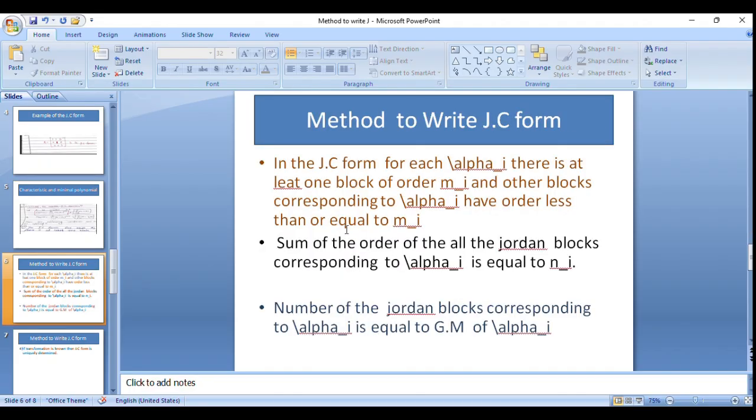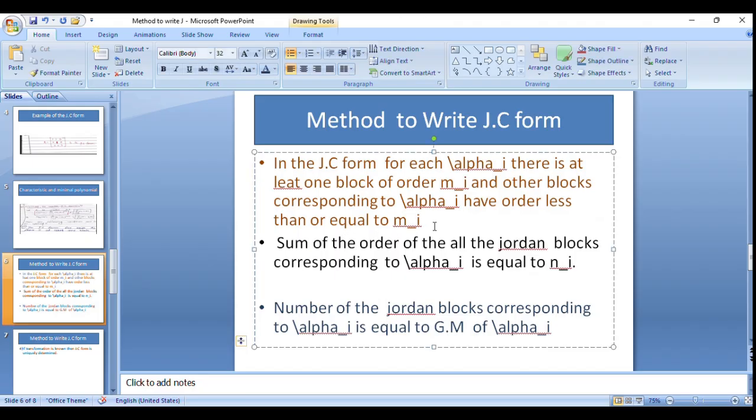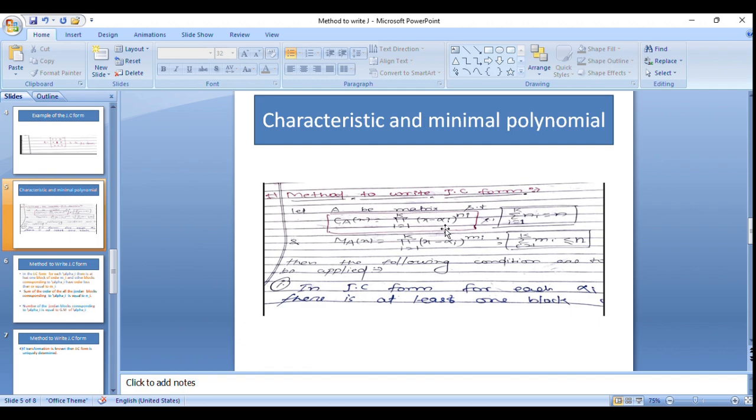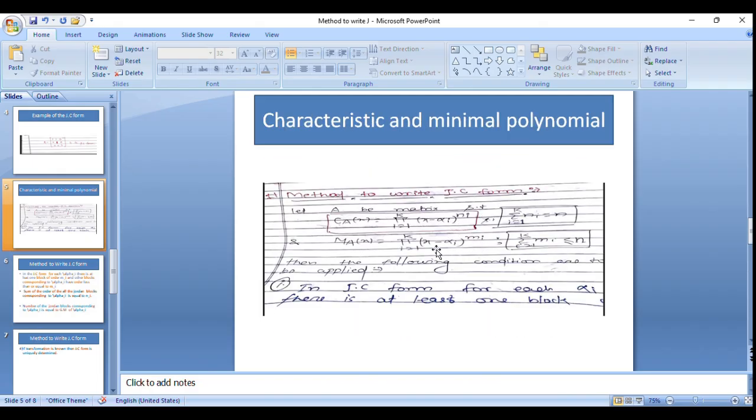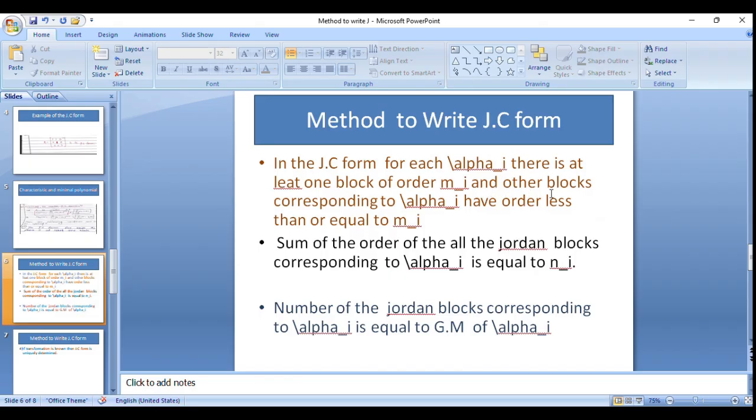The first property of the Jordan canonical form we will use is that in the JC form, for each alpha_i, where alpha_i is an eigenvalue of the matrix A, there is at least one block of order m_i. Here m_i is the power corresponding to (x minus alpha_i) in the minimal polynomial.